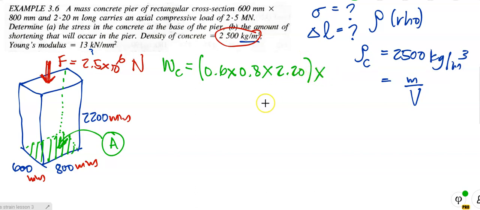And if I multiply that by 2,500, that's the total volume multiplied by the density, and all of that there is the total mass of the concrete. But I want the weight, so I multiply it by 9.81. Work out the answer and see what you get, and check yours against mine. The answer I get there is 25,898.